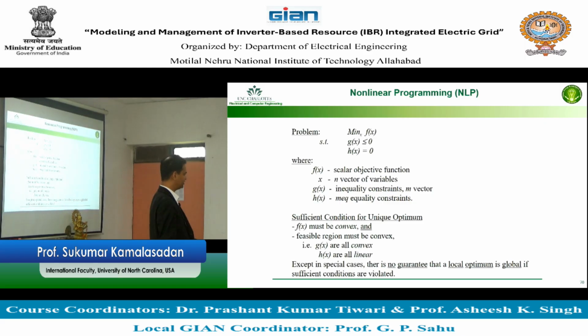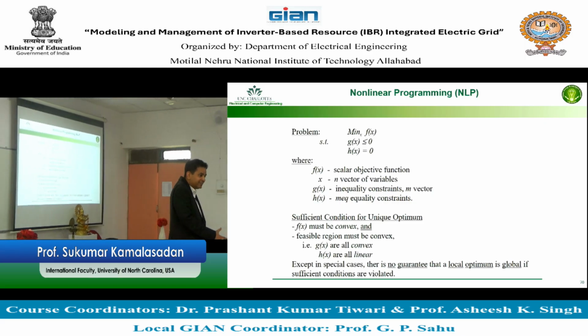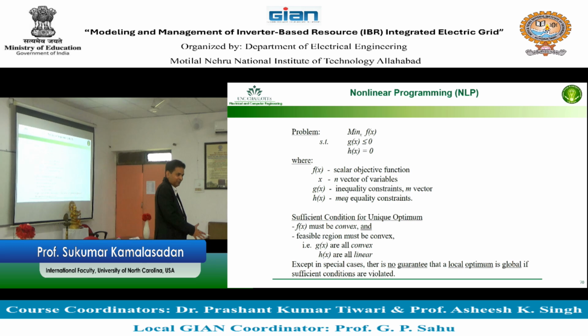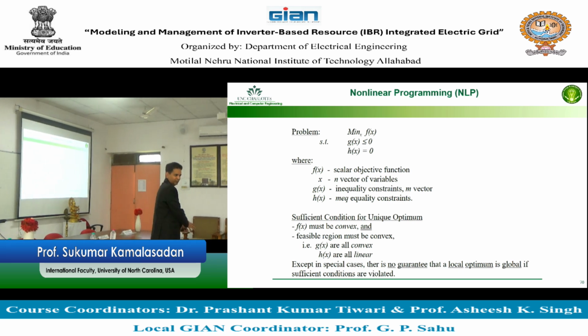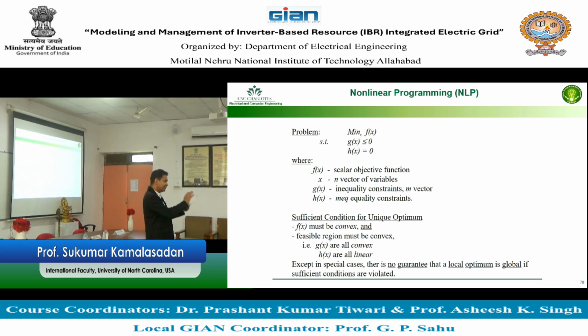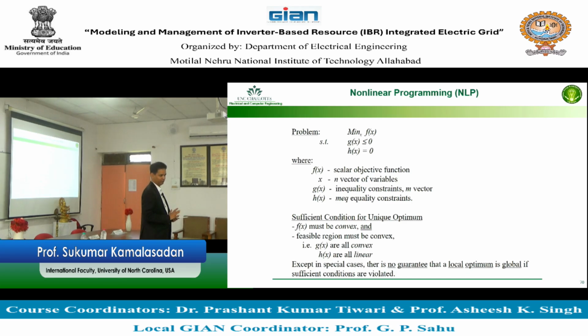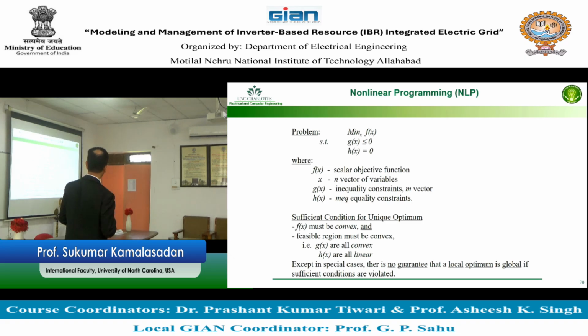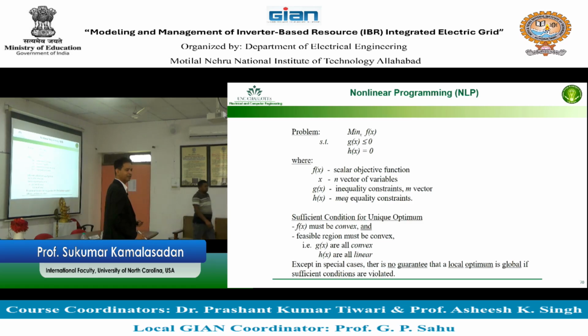Sufficient condition means at least these conditions are good enough to find a solution for the problem. Even if the other condition is not there, you still can find a solution. Right? So the local optimal point is global if sufficient conditions are met. If sufficient conditions are violated, what happens? Obviously, you would not get results which are optimal.